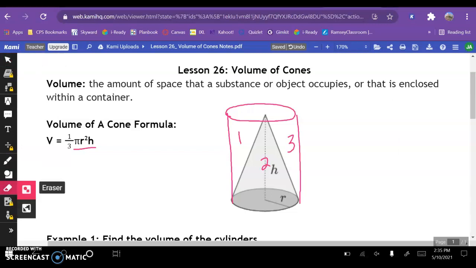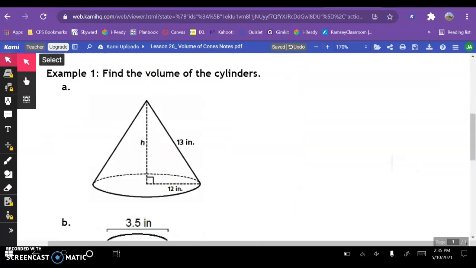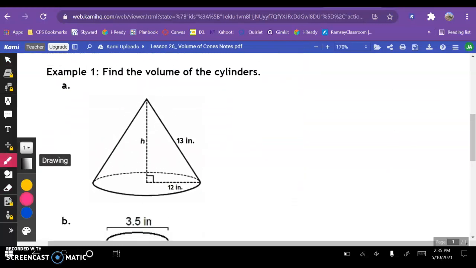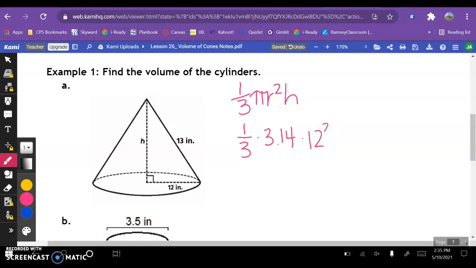All right, for example, we have this cone here, and our formula is 1/3 pi r squared h. We're going to keep the 1/3 times pi, which is 3.14, times the radius of our circle here, so halfway across that base is 12, so 12 squared, and then times how tall it is.